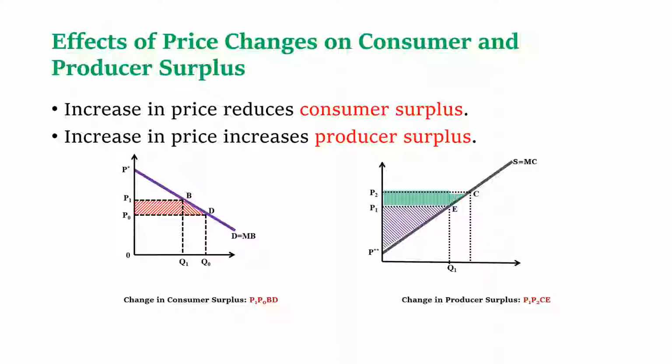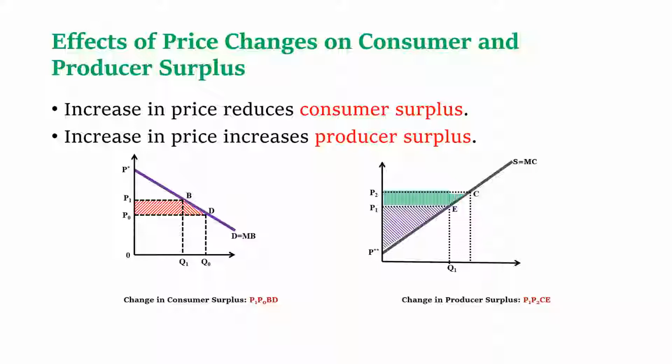So because of the loss in consumer welfare, the quantity of the goods that the consumer buys is going to be Q1, a reduction in the quantity because the price has increased.